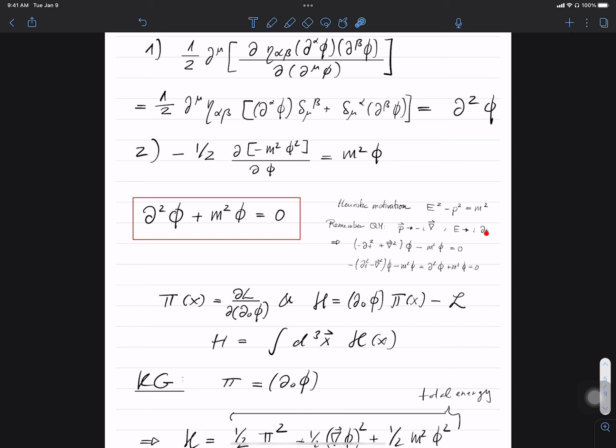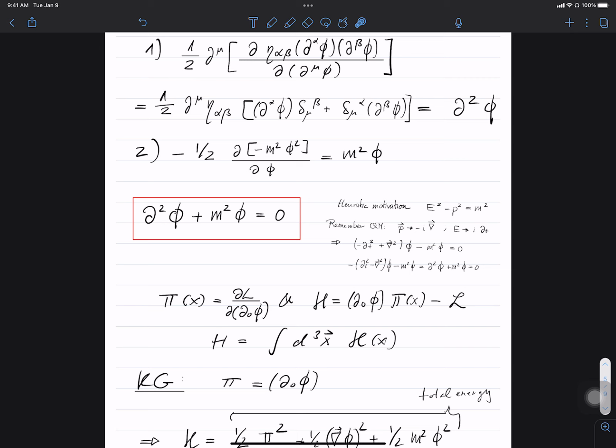Here we see that this equation, where we have the e squared minus p squared coming from this minus dt squared plus grad squared acting on phi, is essentially the same as having e squared minus p squared, and we have the m squared bit here.